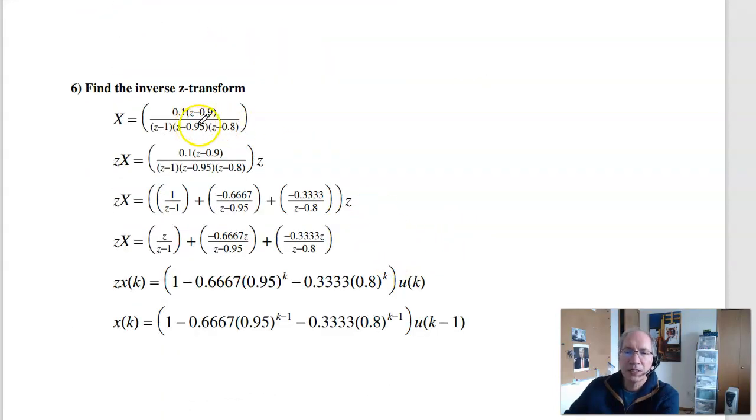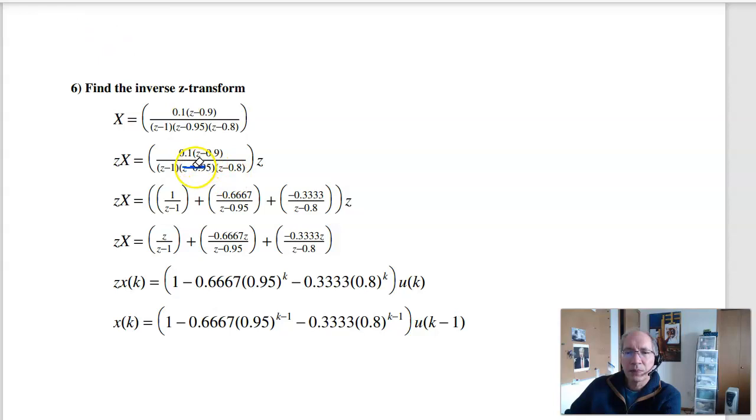Problem 6 is similar. In this case, I don't have a z in the numerator, so what I do is I multiply both sides by z. Now do the partial fraction expansion. For the first term, cover up the 1, evaluate at z equals 1, I get 1. Next, evaluate at 0.95, cover up this term, and I get minus 0.667.